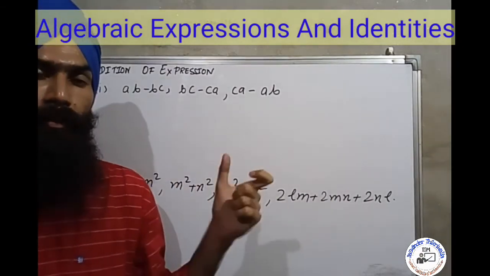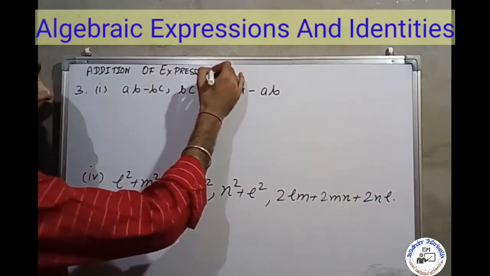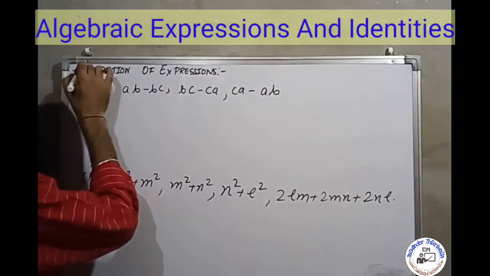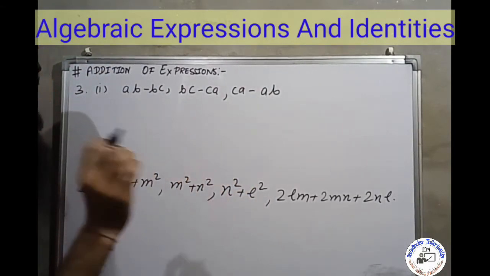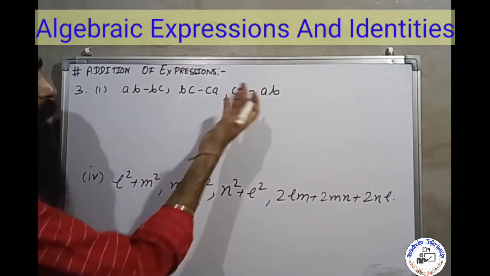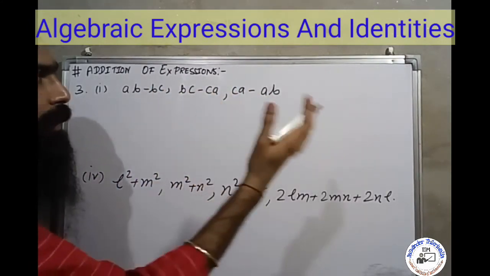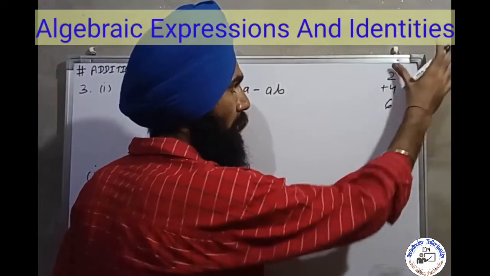Now the next topic related to that, question number 3, addition of expressions. Okay, how can we add expressions? You have to take care that while adding expressions, you can add only like terms. Now here, first of all, you want to add them. You can write them as we write numerically, like 2 plus 4 plus 6, one under another.